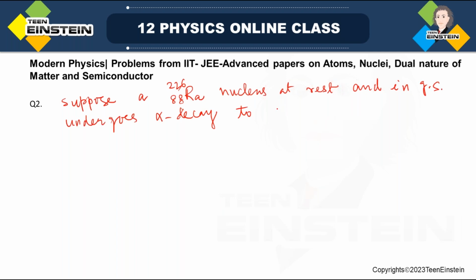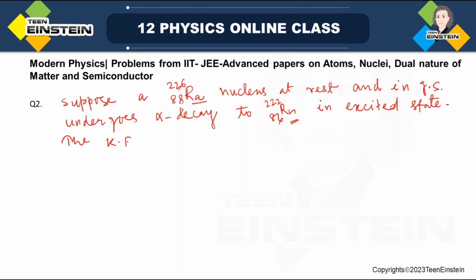It decays to a residual nucleus, radon, with mass number 222 and 86 protons, in an excited state. That means this nucleus is in an excited state.